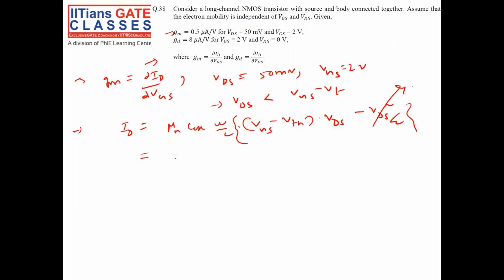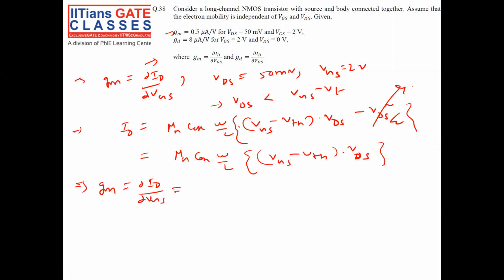So ID will be equal to mu n COX W by L into VGS minus VTH into VDS. Now what is GM? GM is equal to dID by dVGS. So we have to take the derivative with respect to VGS. It will be equal to mu n COX W by L, and if you take the derivative we will get 1 into VDS. This is my equation 1.